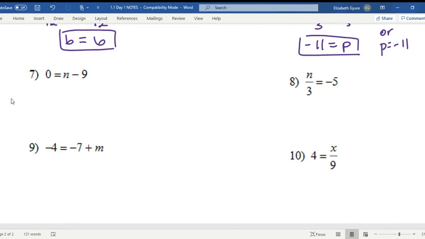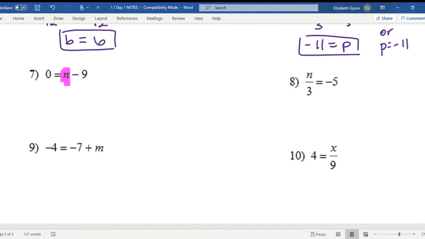All right. Number 7, 0 equals n minus 9. Again, we have another one that's flipped. You don't like it, flip it back around, right? But at the end of the day, we still just want to get n all by itself, whether it's on the left or the right. So just look at the side where n is at, right? You got n minus 9. How are you going to get rid of subtracting 9?